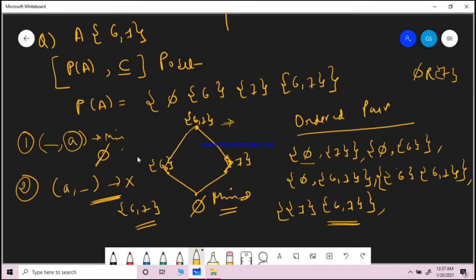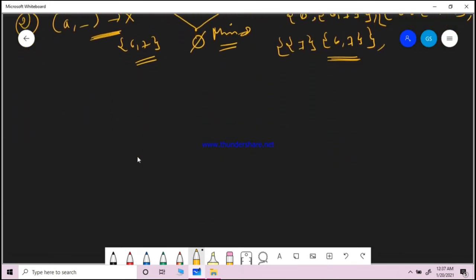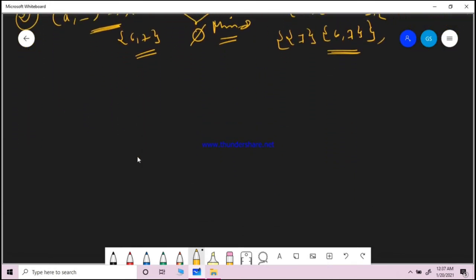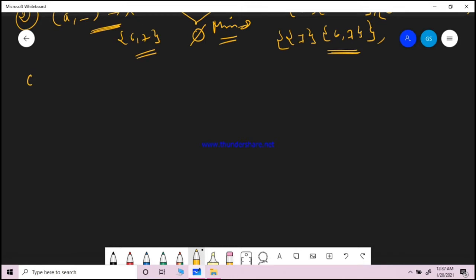Okay, let's move on to the examples. So the first question is, you have to draw a poset and find out the maximal and minimal element in D30, and this is a divide sign.